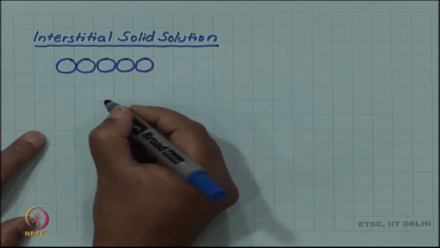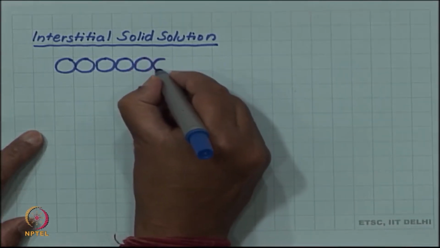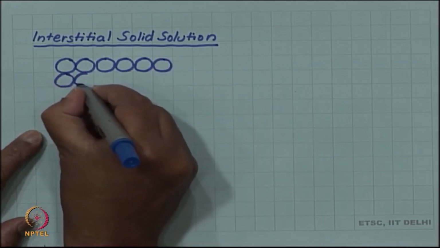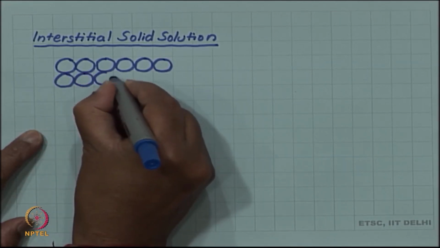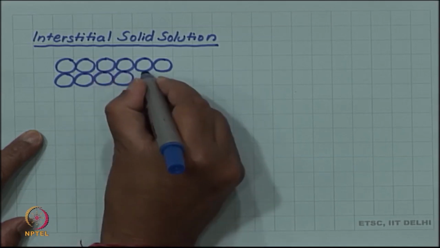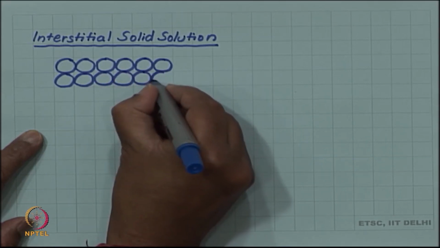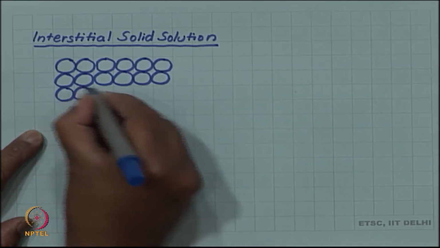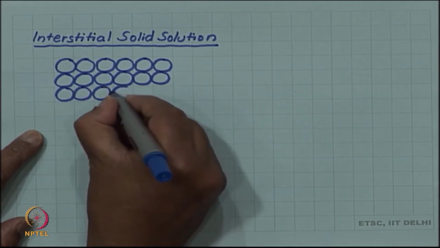So, these are my solvent atoms, making some sort of crystal structure. A 2D square crystal structure we can call it.